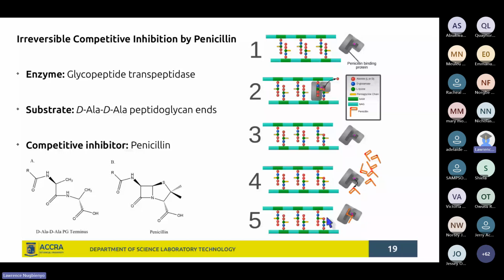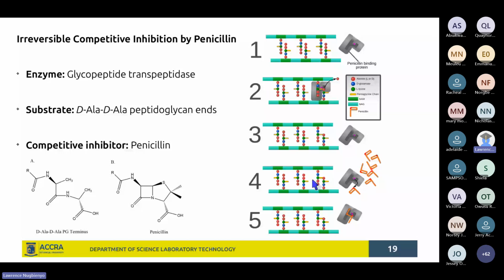There will not be any formation of these peptide bonds, the cross linkages which are supposed to be formed in that biosynthetic process. And that is how penicillin inhibits the growth of the cell wall of these gram-positive bacteria.